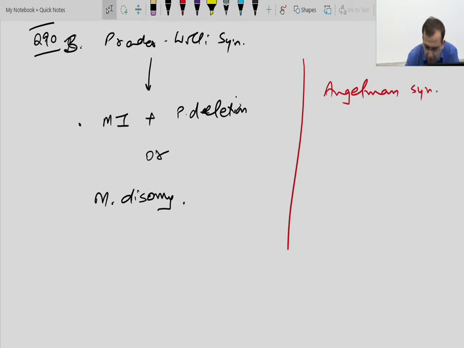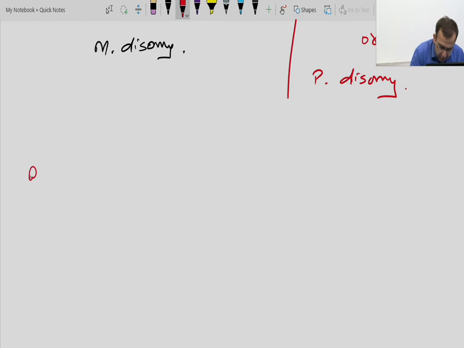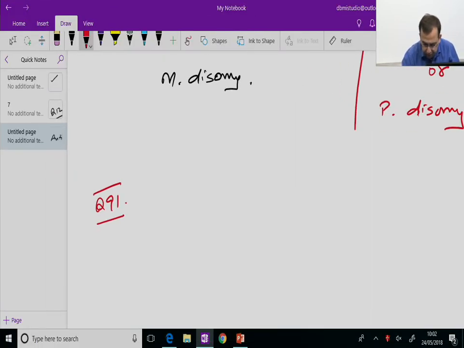Versus Angelman syndrome, which is paternal imprinting plus maternal deletion, or paternal disomy. We know this. Next, this gets us to question 91.